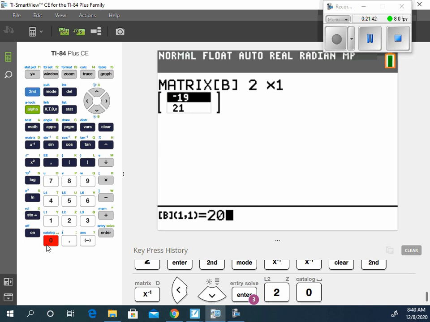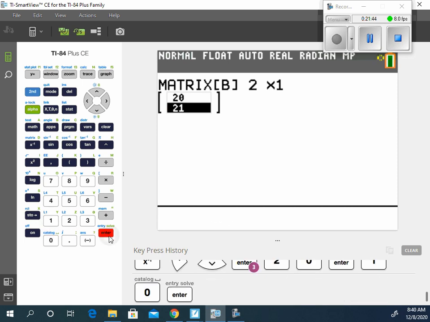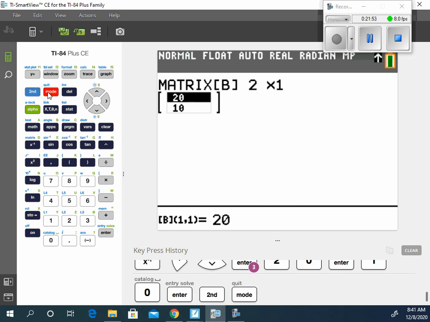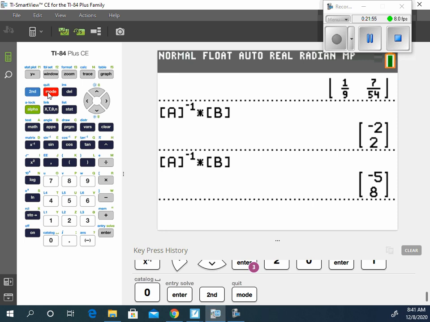And this time it will be 20 and 10. Once we get that plugged in, we can do second quit. So what do I know that I'm going to end up doing? I'm going to multiply that matrix A inverse by matrix B to get the solution.